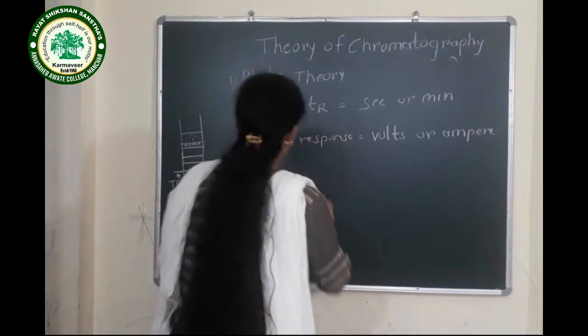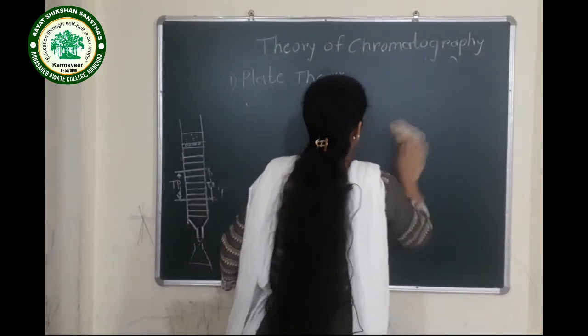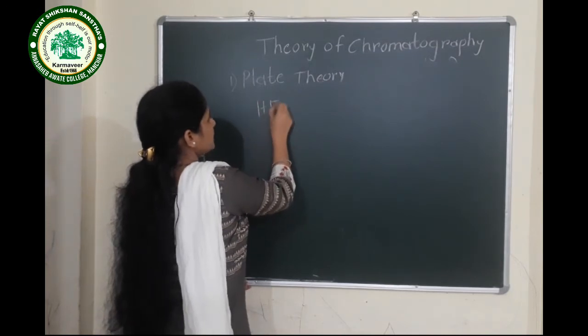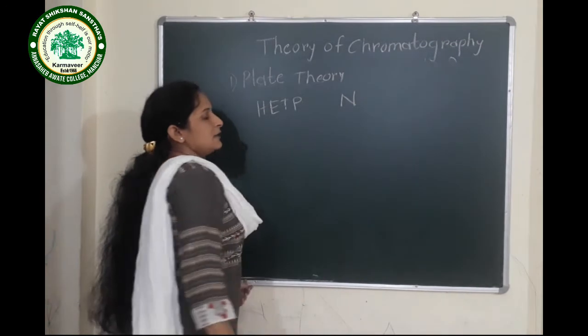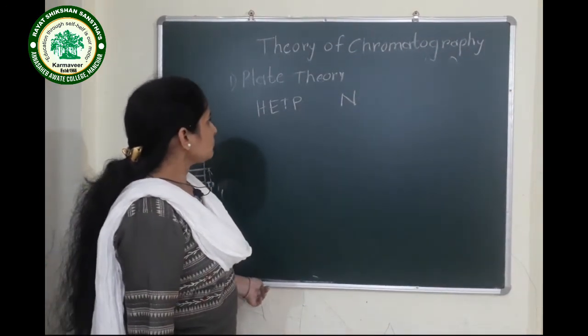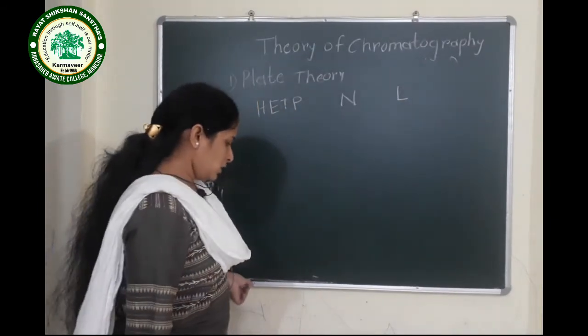Now the HTP and the relation of the HTP and the N. How are they related? HTP means height equivalent to the theoretical plate and N is the number of theoretical plates. It is also related to the length of the column.